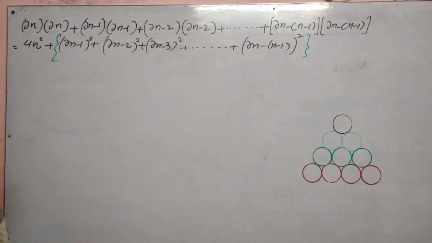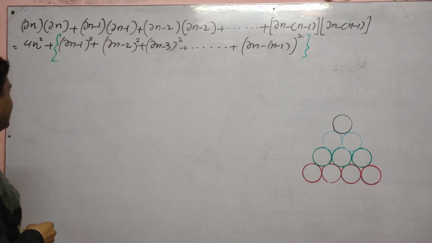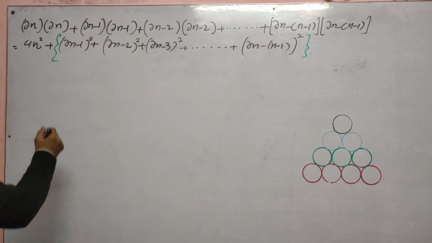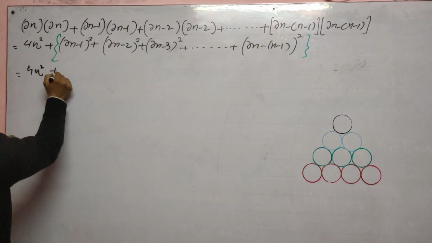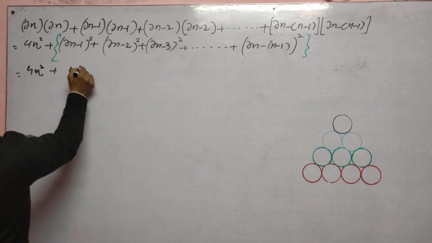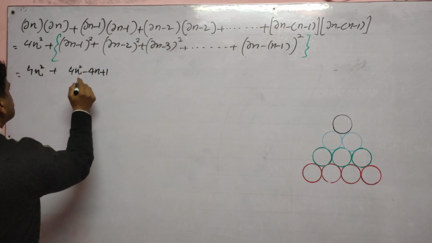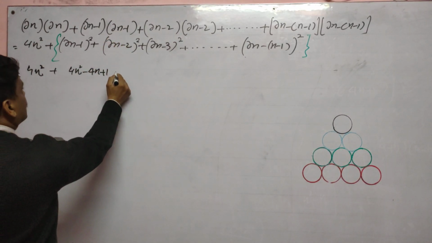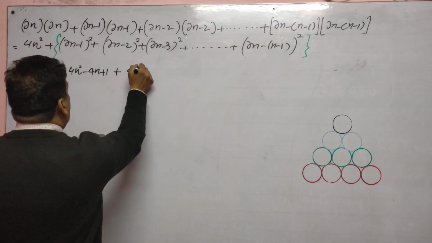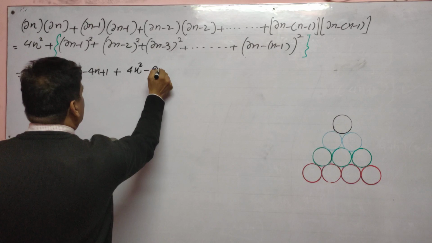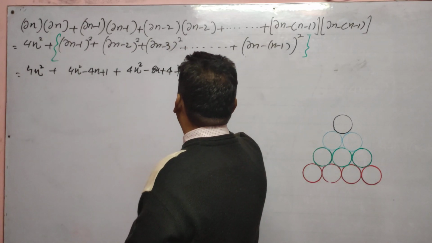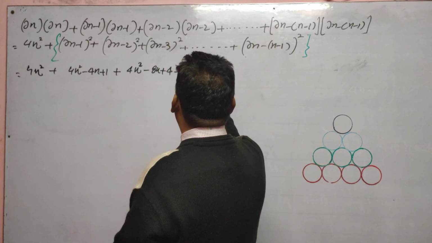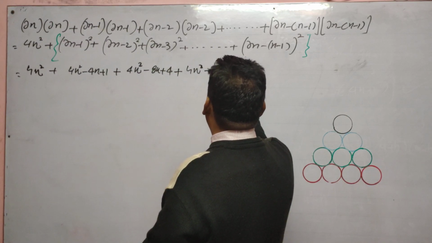So we simplify. We expand the squares of all terms. By expanding the squares we will get 4n square, plus 4n square minus 4n plus 1, plus 4n square minus 8n plus 4, plus 4n square minus 12n plus 9, and so on.